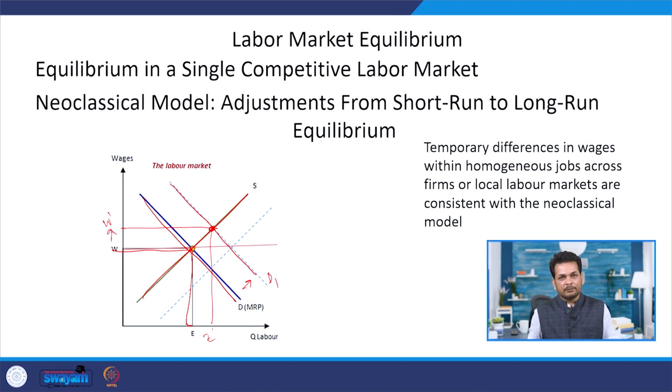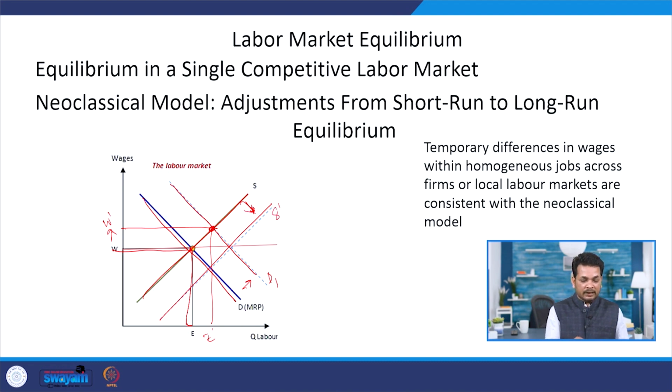So, it takes some time to increase the labor supply, to gain some training and skills. Slowly, this increase in the wage rate will attract new workers to enter the labor market or to gain certain skills required in that particular sector. So, slowly over a period of time the supply function will shift from S to S dash.